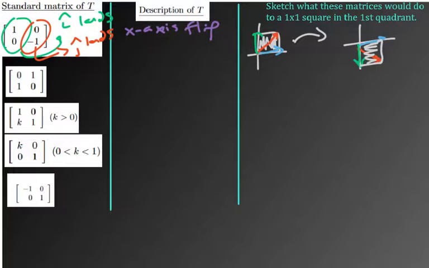And the rest of these you can do the same kind of way. I highly suggest you pause the video, think about what these different transformations are, and then also be able to visually interpret what they would look like. And just up here I'm saying think of a 1 by 1 square in just the first quadrant, because depending where you draw the square, you can get different things, but just think first quadrant.